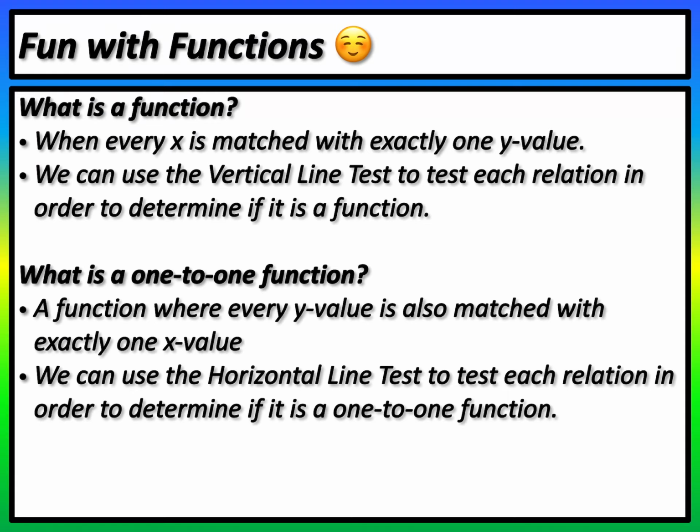For that, we can use a horizontal line test. Think of it this way: the vertical line test is going to check the x values, and the horizontal line test is going to check the y values, and that'll tell you if you're one-to-one.